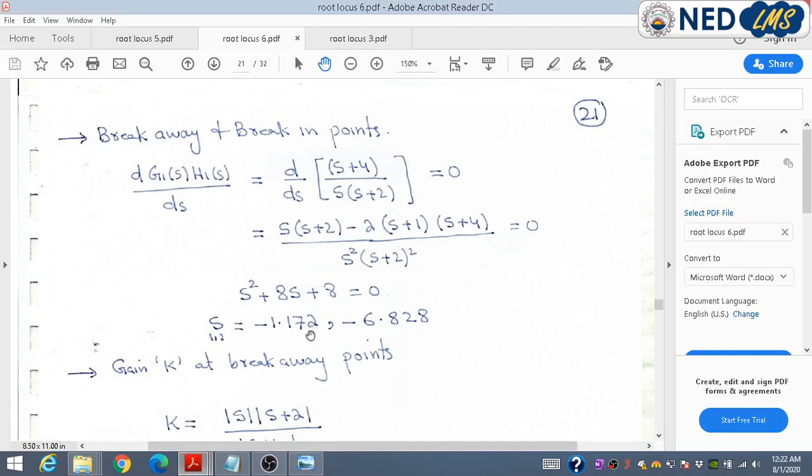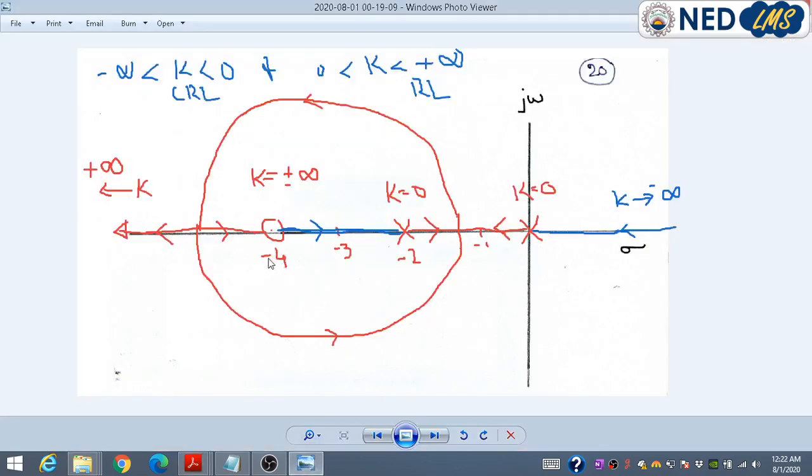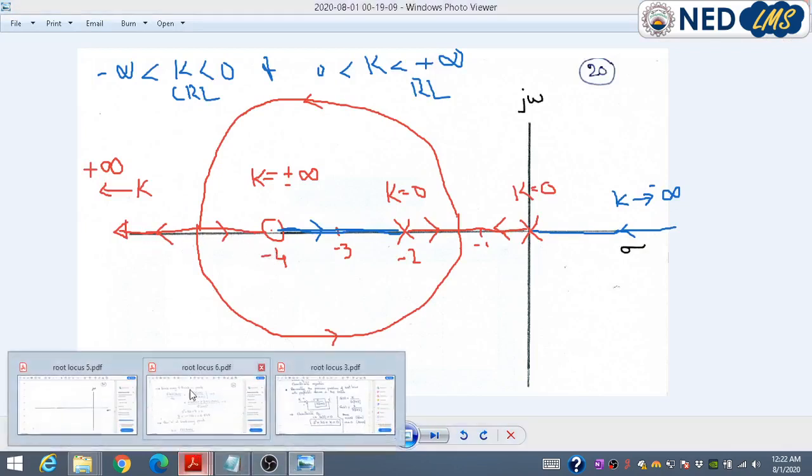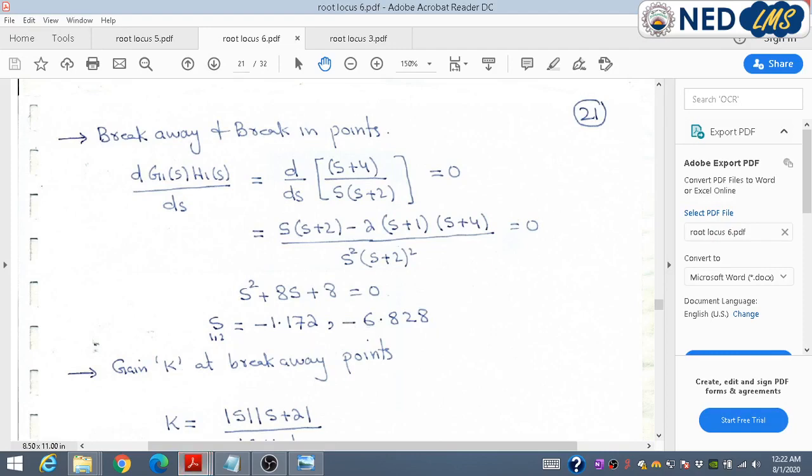And another break-in point we are expecting after minus 4 somewhere, and this would be minus 6.828.